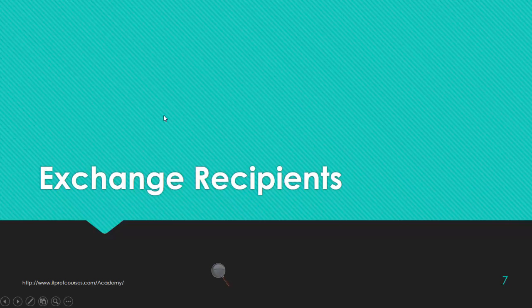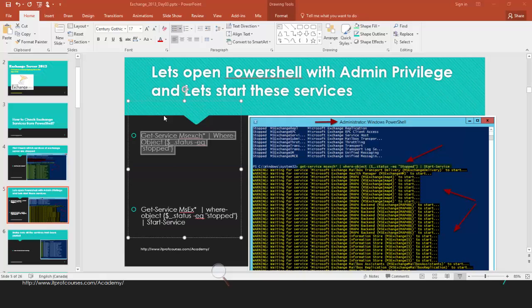Before that, we need to check if our Exchange environment and the two URLs are opening fine. One URL is of course ECP, which must be running fine.